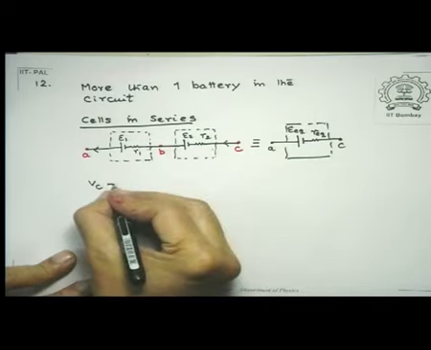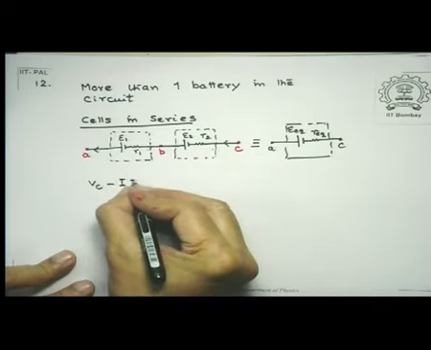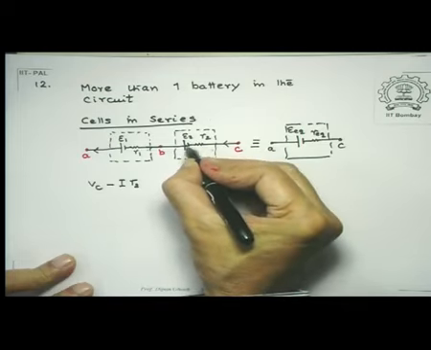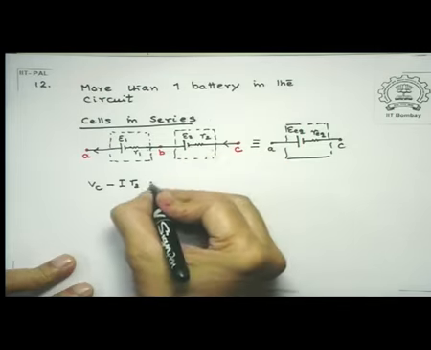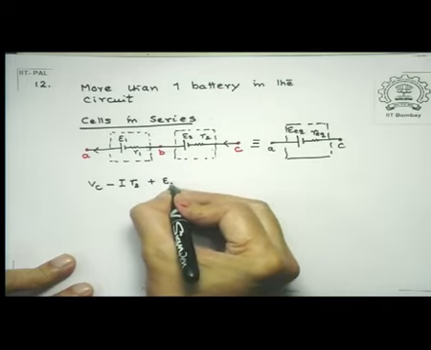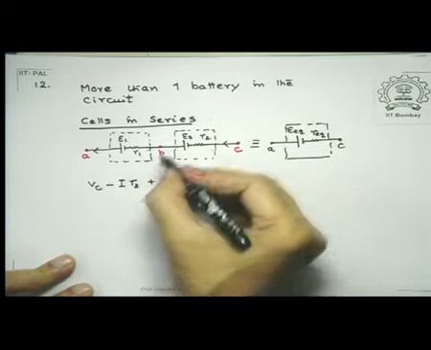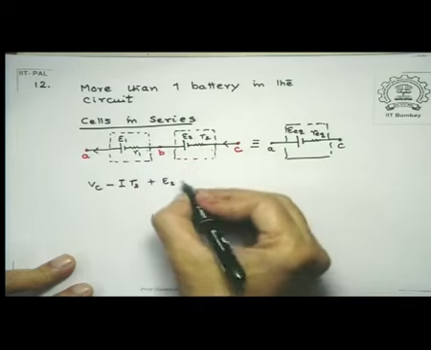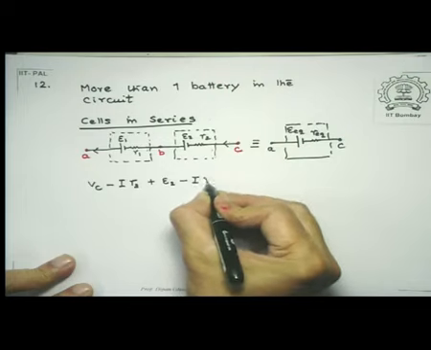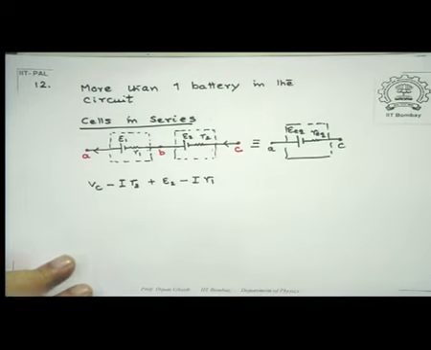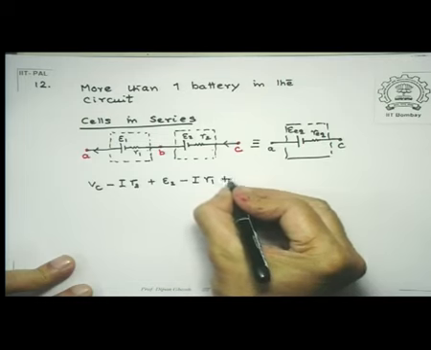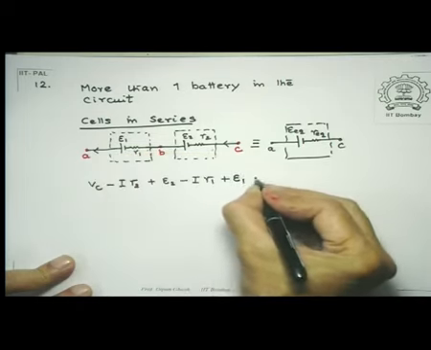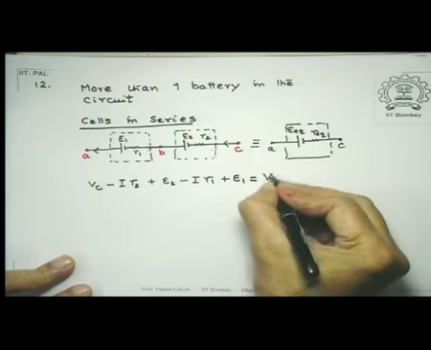So current is the same, so IR2. Then I am crossing a battery from negative to positive, so my potential rises by an amount E2. I proceed further, have a further drop of IR1, so minus I R1. And once again, my potential is raised in going from negative to positive by E1 until I have reached the point A. So this is equal to VA.